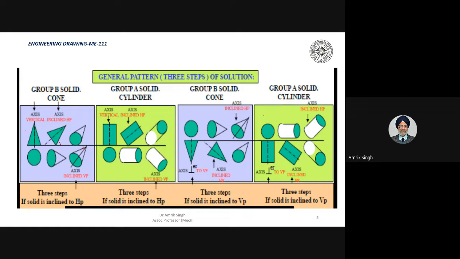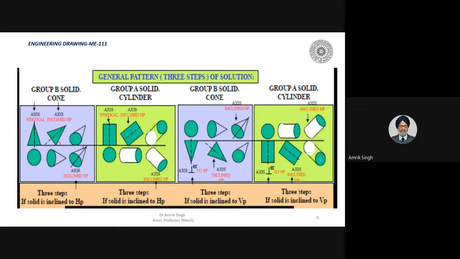This is a case in group A and group B when it is inclined to HP. When it is inclined to VP, this is the second type of problem. So inclined to VP, we will assume that it is parallel to VP. So when it is lying on the vertical plane, or parallel to VP, this will be the top view and this will be the front view.